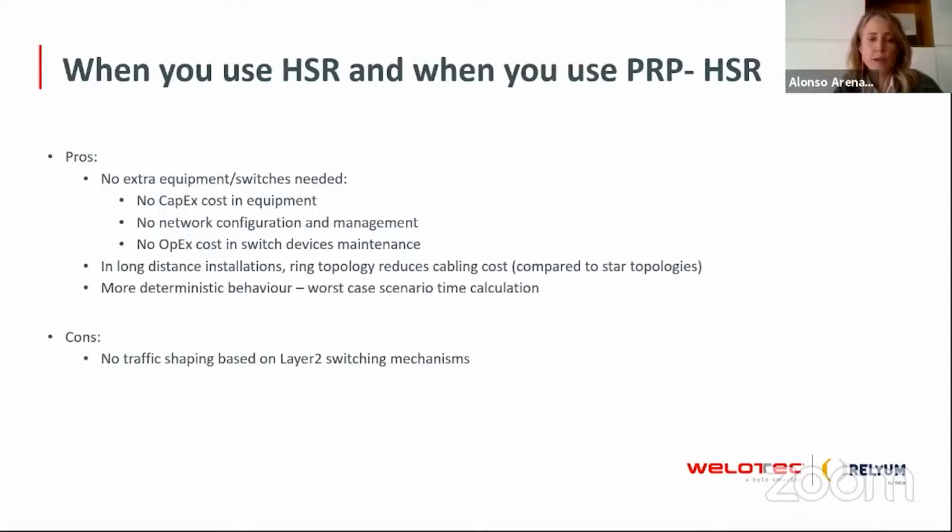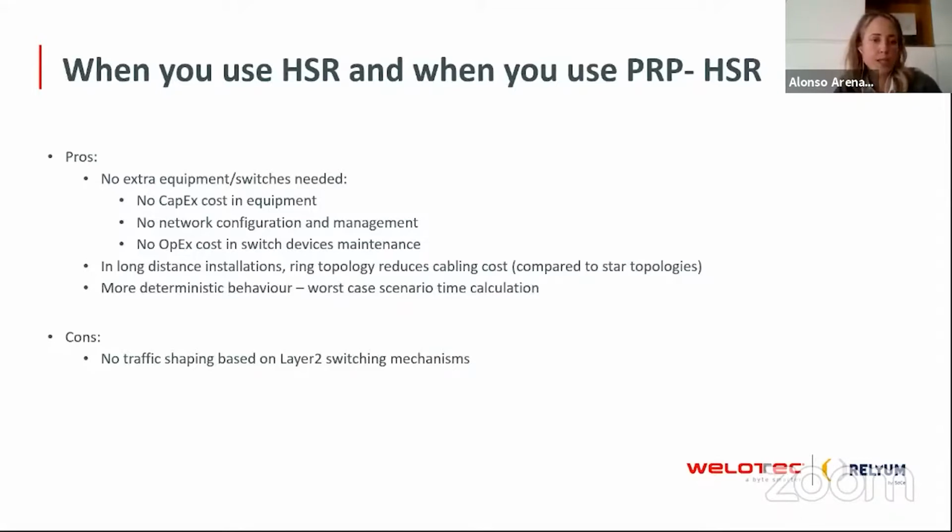And also for long distance installations, ring topology might be better for cabling cost compared to a star topology. An example for these long distance scenarios is in the large substations where there are many elements in the switch yard that have to be connected to the control house.